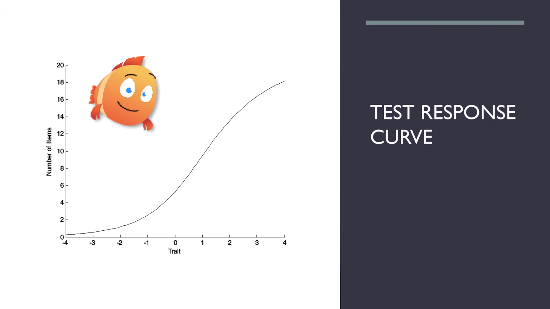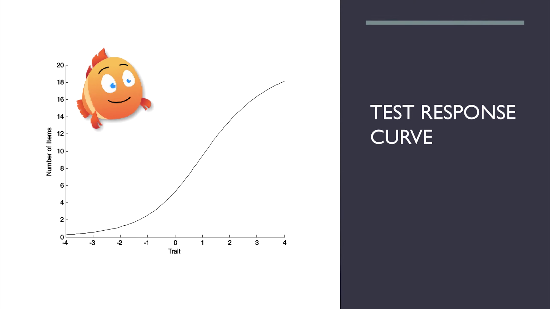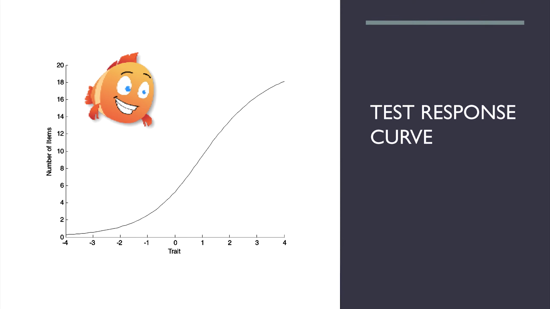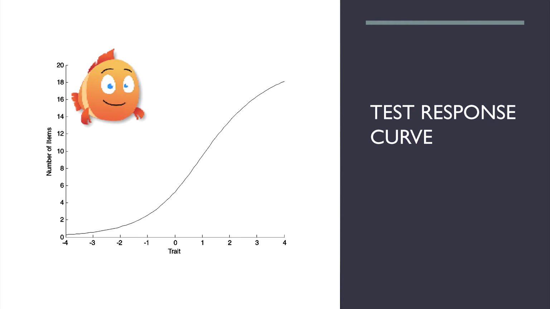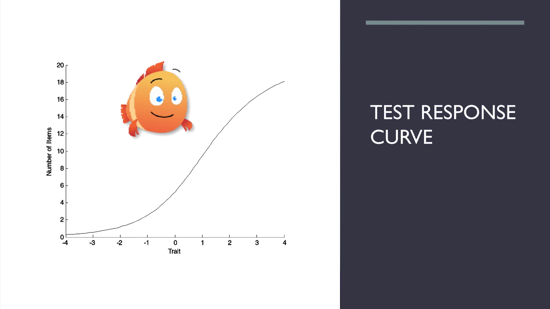On this test response curve, you can interpret it the exact same way as an item response curve, except it's the total, cumulative effect. Here, someone at a trait level of 4, we can trace up to see where they hit the line, and we'd expect, on average, them to score about 18 items. As we move down, someone who is average or typical in our sample would score approximately 5 items.